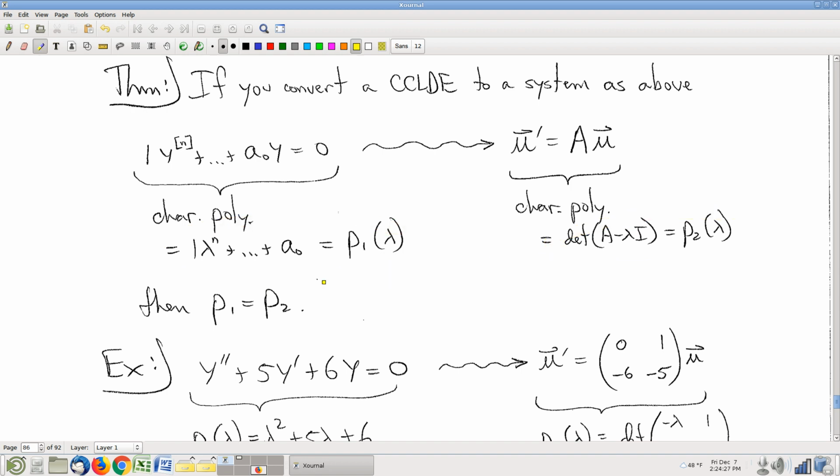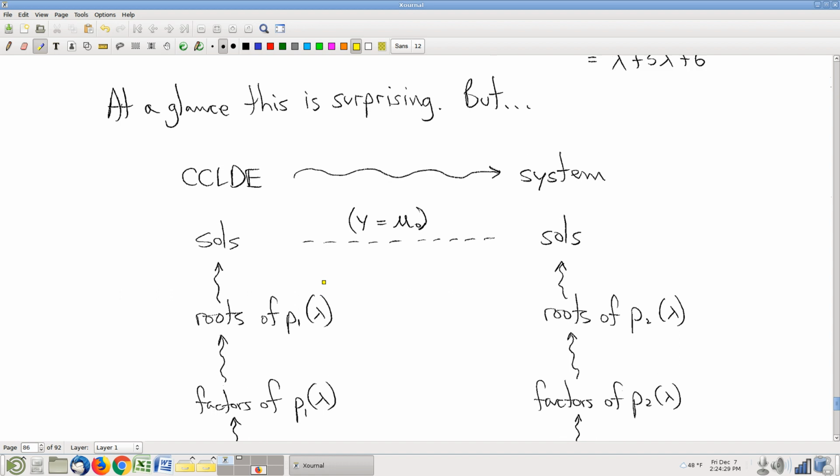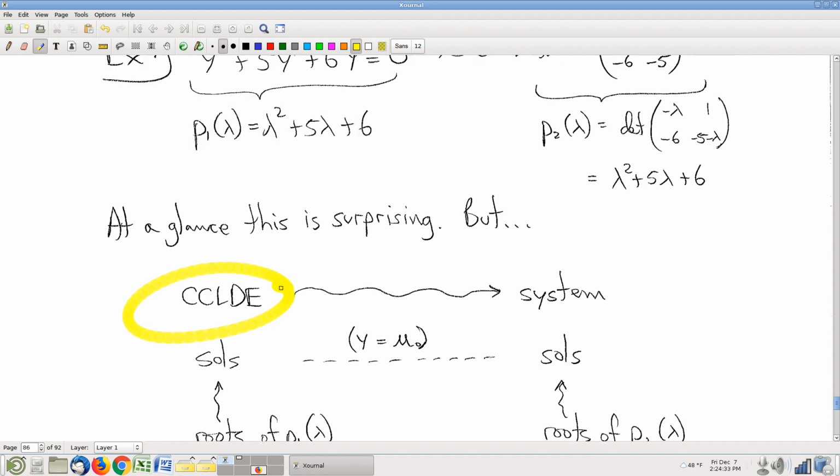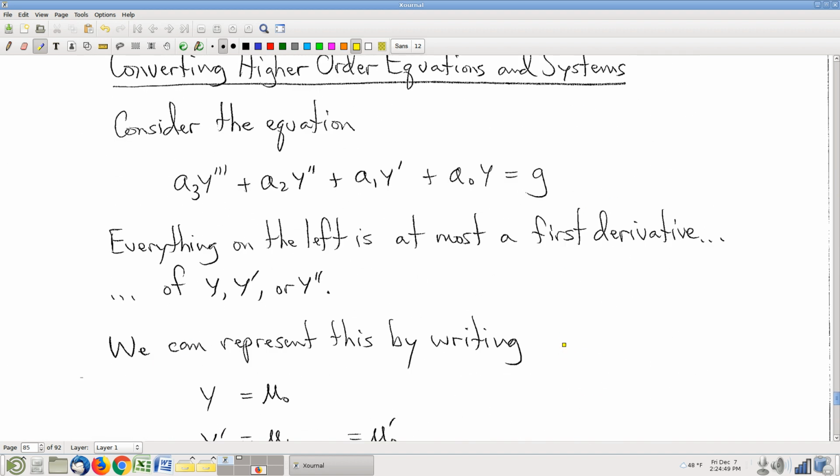And here's the idea. If I turn a chapter 4 equation into a chapter 6 system, well, the whole point to turning it into a new question is that their solutions are supposed to be the same. Right? Go back to the first page here.